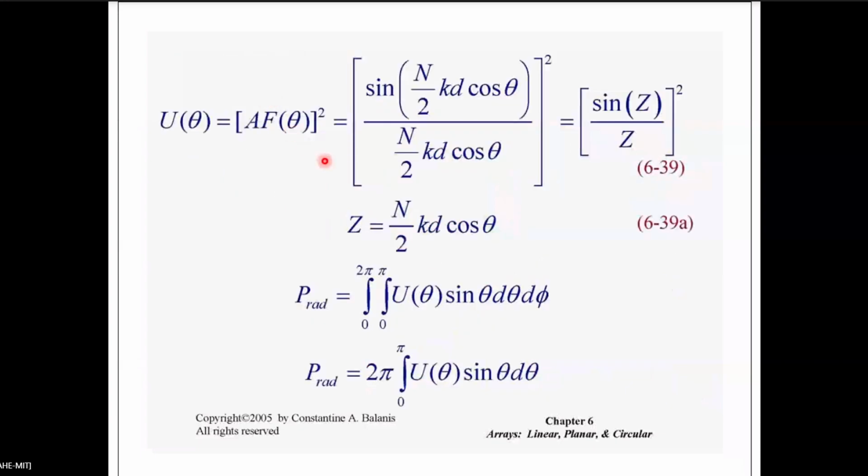So U of theta is array factor squared, because the array factor is the electric field pattern, so the power pattern is array factor of theta whole squared. So you get sin z by z, and you know these limits. Z is equal to n by 2 kd cos theta.